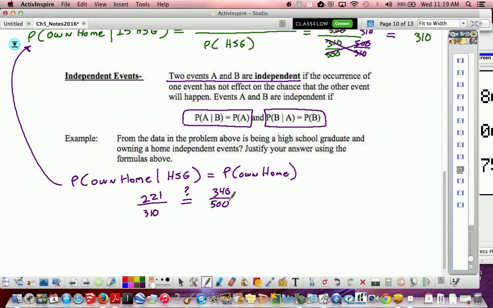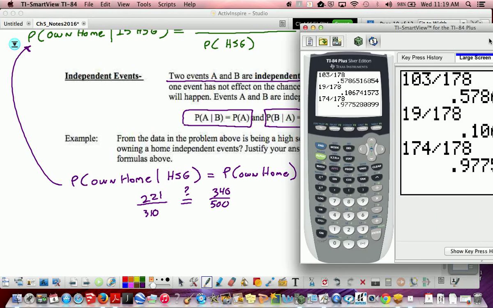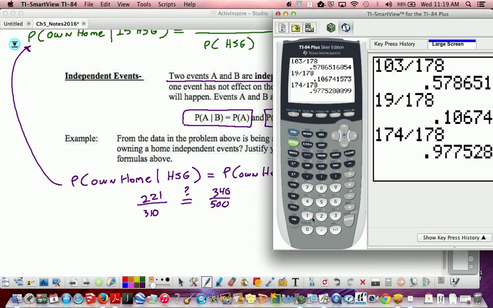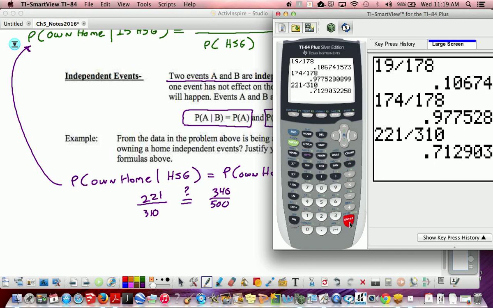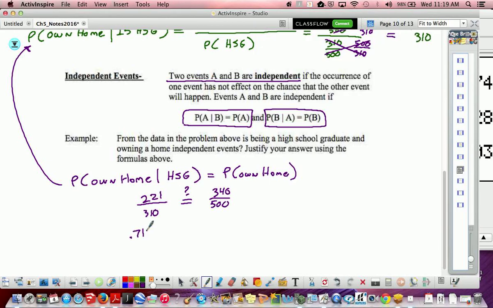Well, sometimes it might not be easy to see. 221 divided by 310. Let's turn that into a decimal. That's equal to 0.7129. 340 divided by 500, if you trust my math, 0.68 is correct. Are those equal? They're not equal.